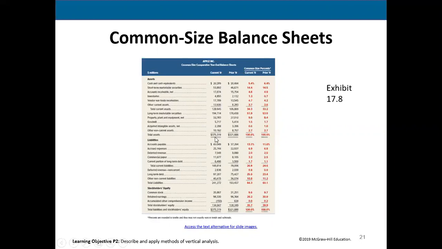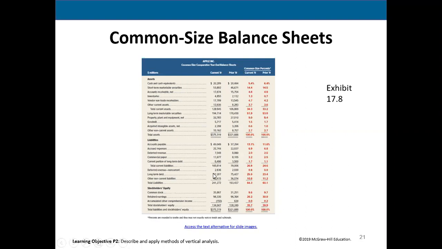In the current year, you're going to use total assets of 375,319. So you'll take your 20,289 in cash divided by total assets of 375,319, 5.4%. And you'll do that for each asset dollar amount and then divide it by total assets.